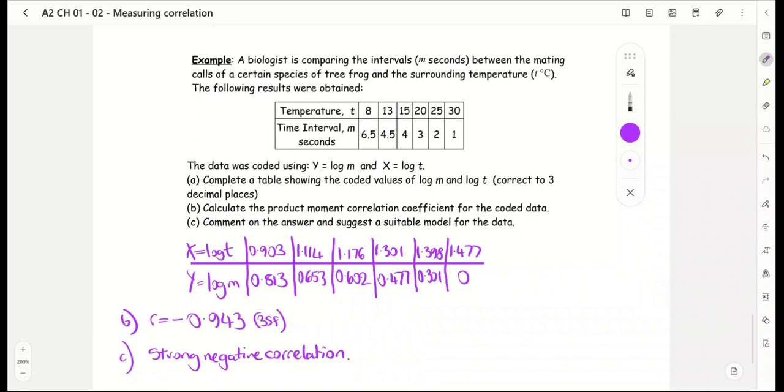And bringing back the knowledge that we have from the previous lesson, we can go on further to say the strong negative correlation is between log t and log m. Therefore, the model that is suitable would be m equals a t to the n.